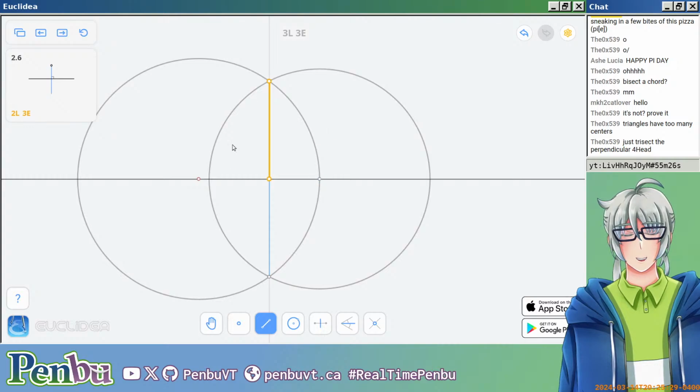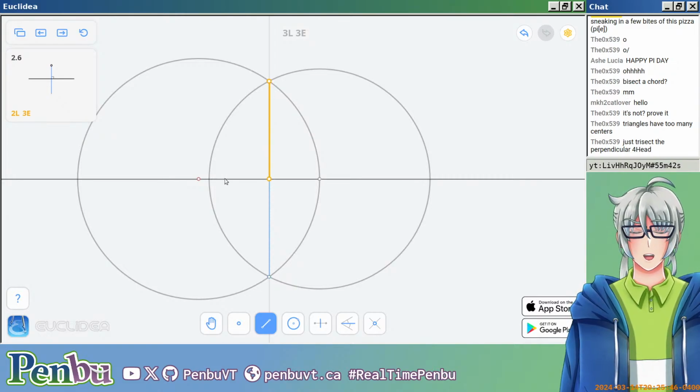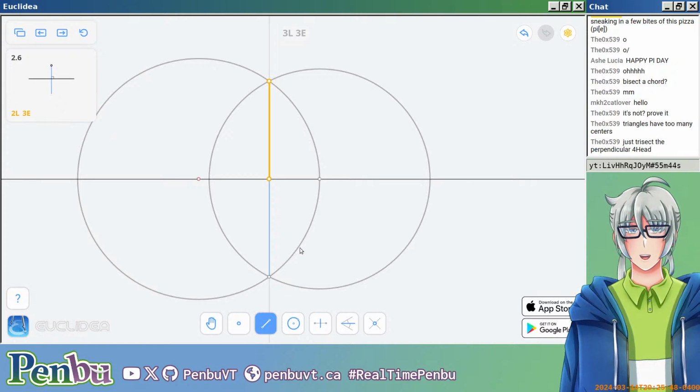And then same thing with this one, which means that because you have the 2 points the same distance away, this is going to be vertical, which means it's going to be perpendicular. Okay. Yeah, I think that makes sense.